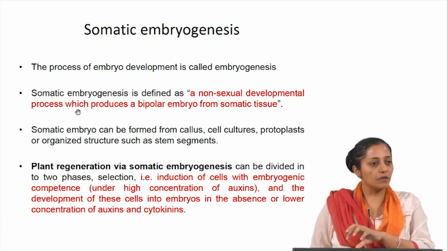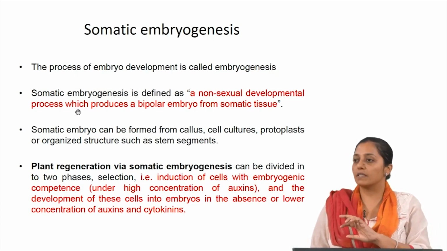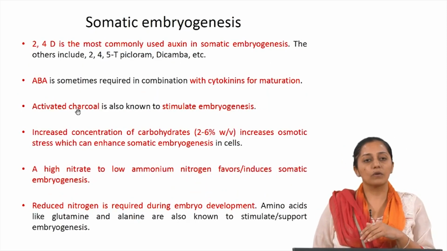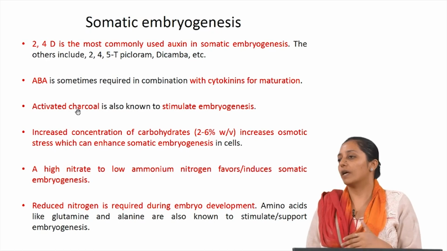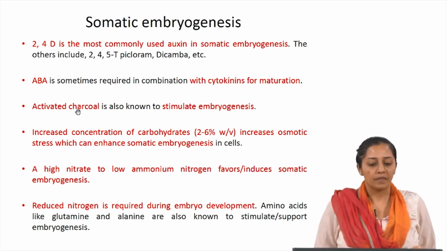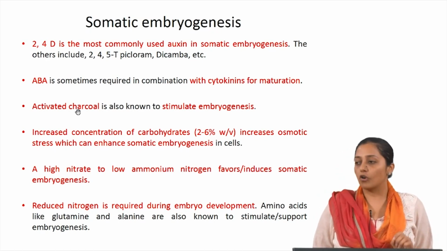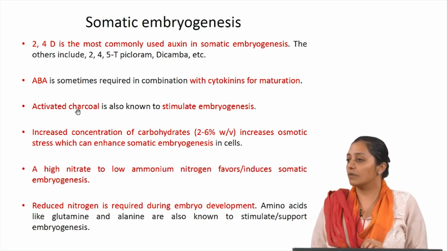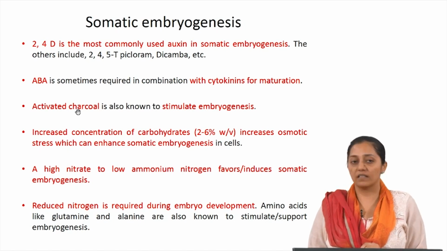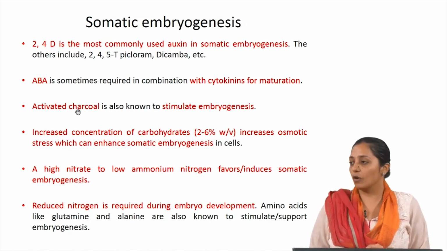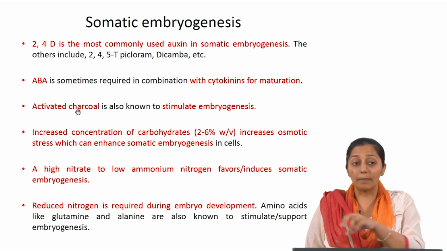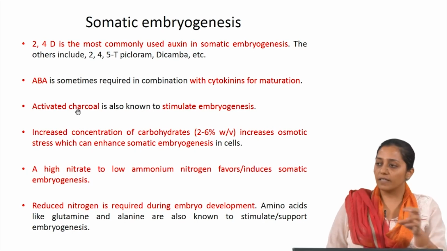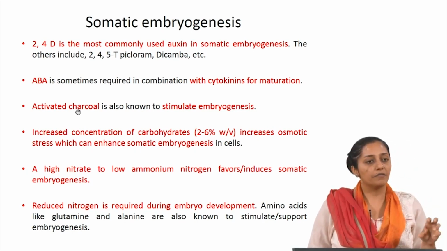Once organogenesis has taken place, which means the coming up of the shoot and root primordium, for subsequent growth you need a combination of cytokinins and auxins. 2,4-D is the most commonly used auxin in somatic embryogenesis. Sometimes thidiazuron or zeatin, which are other kinds of cytokinins, may also help in subsequent development of somatic embryos, because even in the development of somatic embryos there are different stages involved.